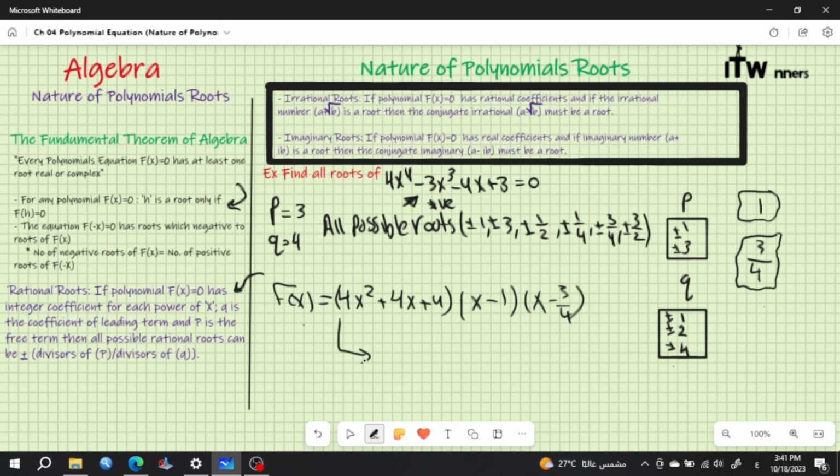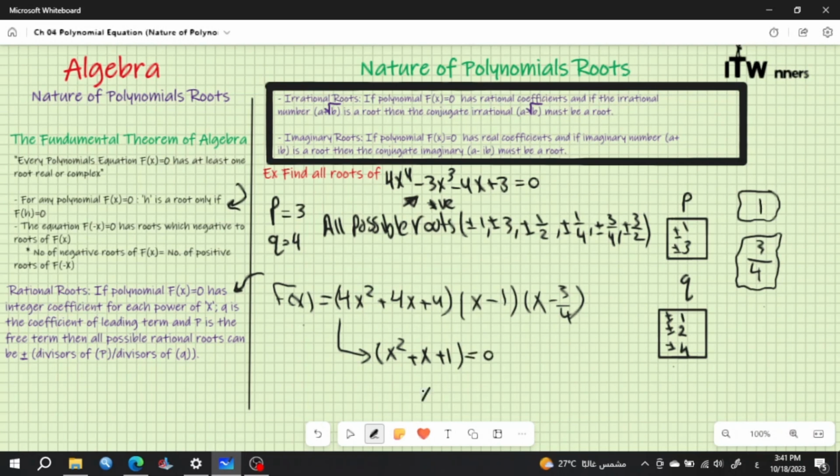This will be factorized to, we can divide by 4, so we have here x squared plus x plus 1 equal to 0.